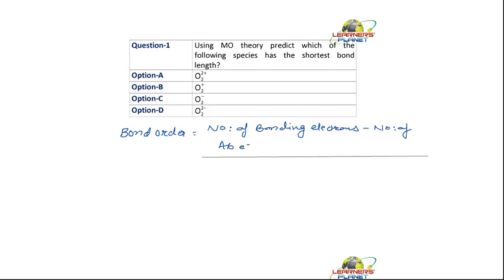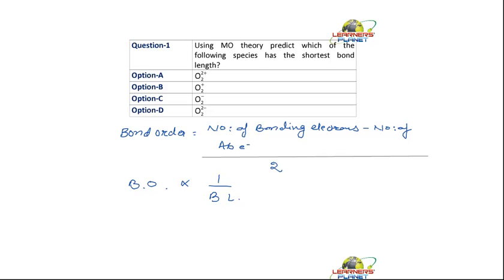That is divided by 2. Okay, so your bond order is inversely proportional to the bond length, right? So the more the bond order, the shorter the bond length. So what we need here is to find out the bond order first.